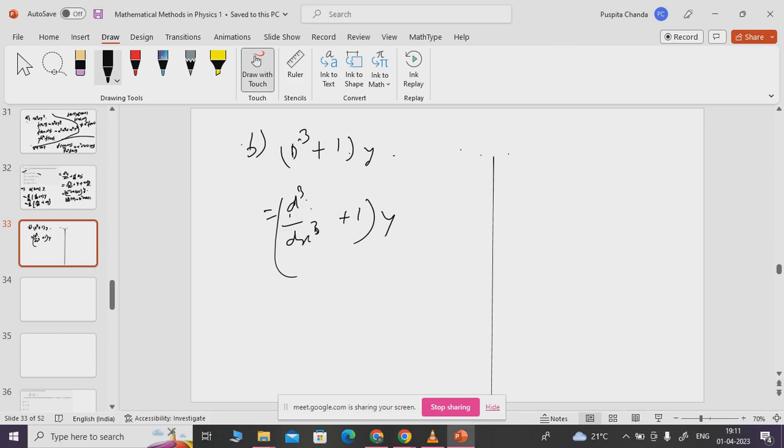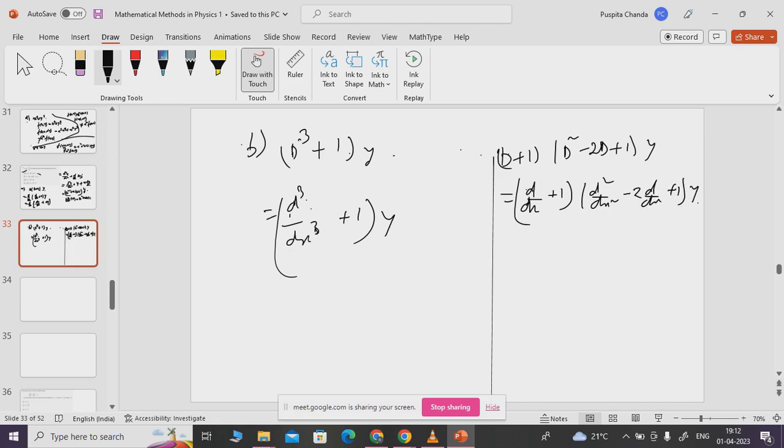For this question we will need to go from right-hand side to left-hand side. So it will be D plus 1 into D square minus 2D plus 1 on y. So d by dx plus 1 into d2 by dx2 minus 2 into d by dx plus 1, into y.